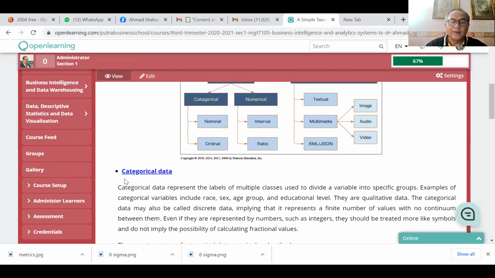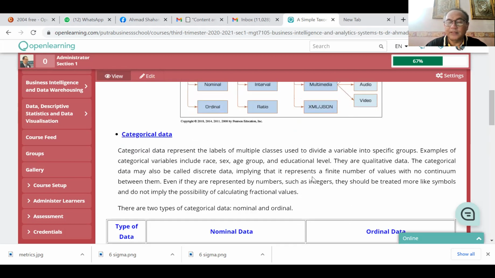I'll show you. Categorical data comprise labels of multiple classes. It is qualitative data. Categorical data are qualitative data. Sometimes we call it discrete data, meaning that it represents a finite number of values with no continuum. No continuum meaning that there is no 1.2, 1.3, just 1 or 2.